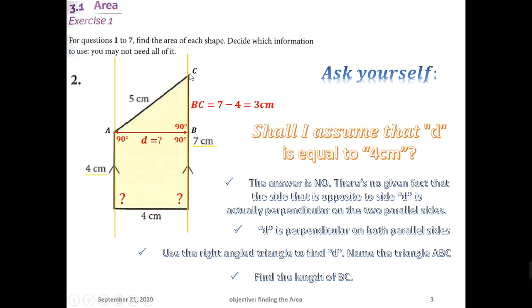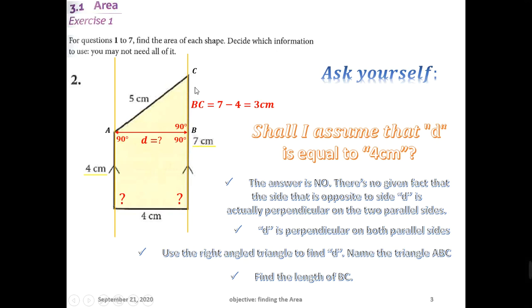If the first parallel side is 7 and the second parallel side is 4, and I drew this perpendicular from this point, then BC is equal to 7 minus 4, because 7 is the total length and 4 is part of the total length.